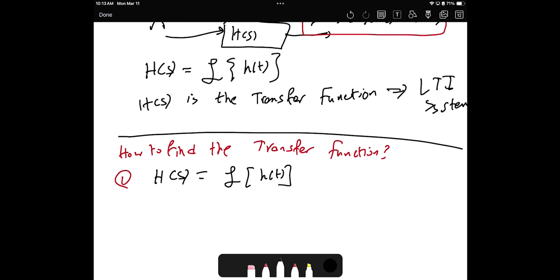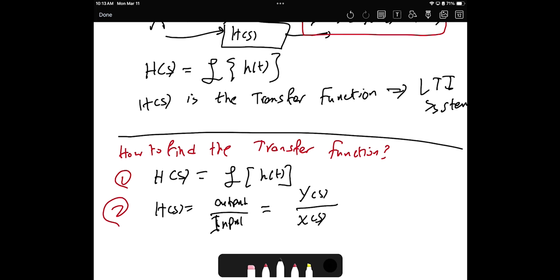That's one way. Other ways, if I know the inputs and I know the outputs, but I don't know what's inside the box, which is the transfer function, the transfer function can also be the relation of the outputs over the inputs. So h of s equals outputs over inputs in frequency domain, which is, in other words, output y of s, inputs x of s.